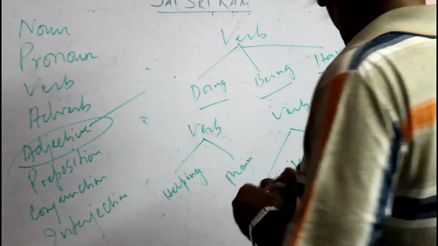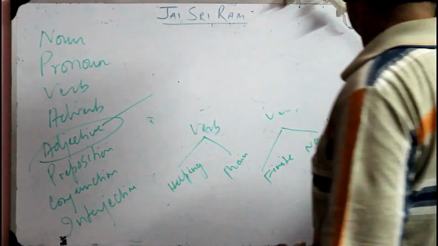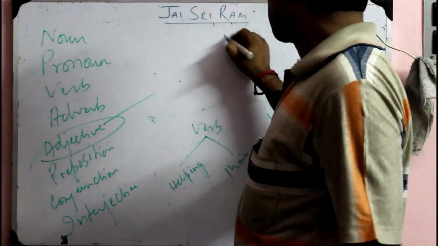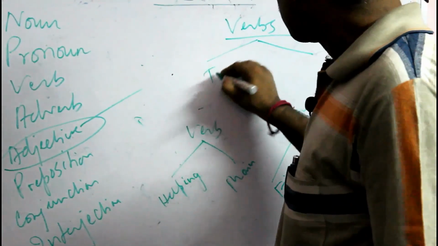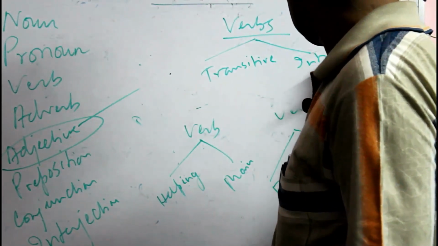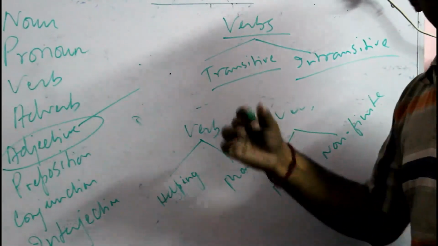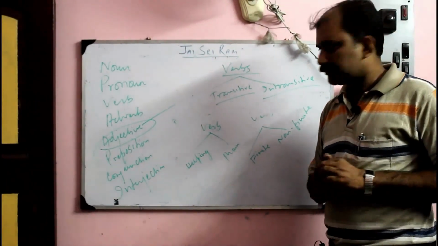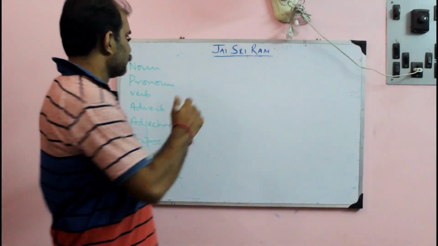Sometimes verbs can be divided as transitive verbs and intransitive verbs. So we shall discuss these in the upcoming videos in detail. So let's move on to the next topic, that is adverb.